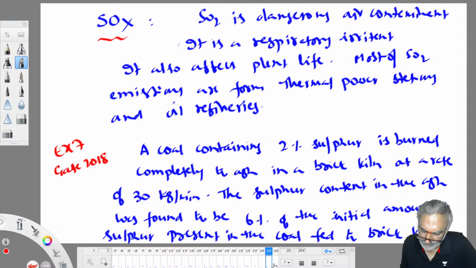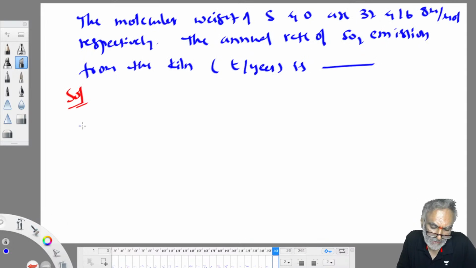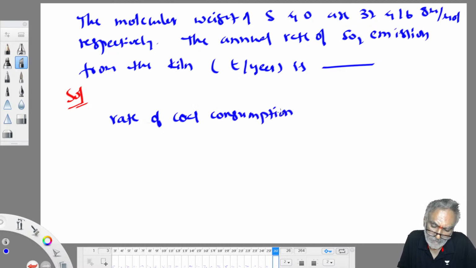Simple. So rate of coal consumption is given. Rate of coal burning otherwise. So when you burn coal, that releases sulfur dioxide.